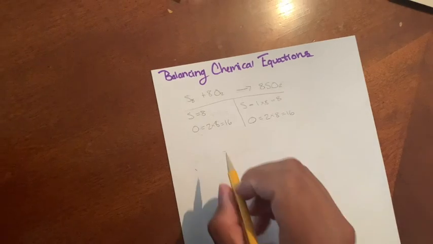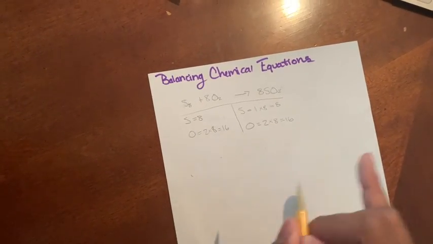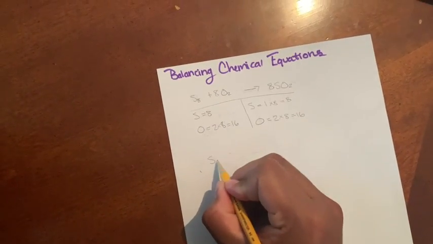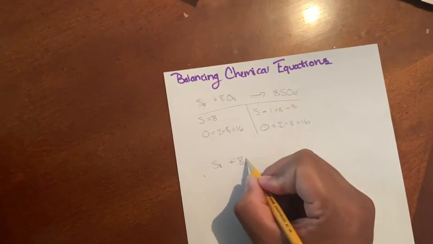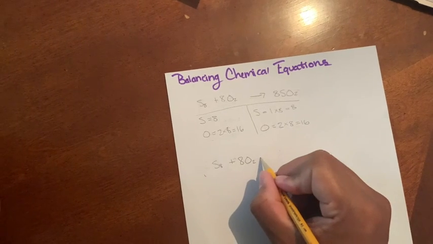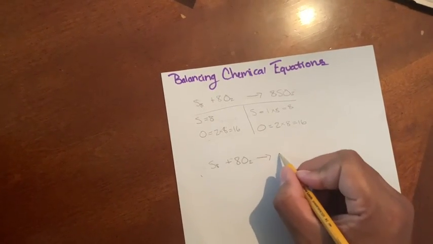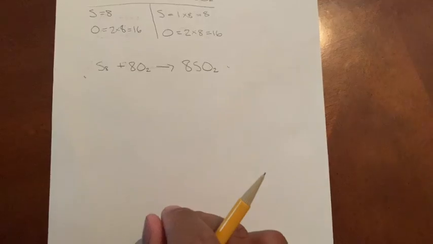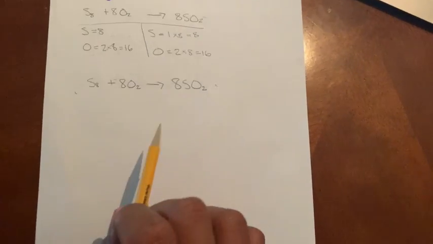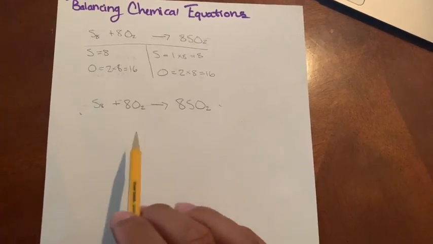And so our final balanced chemical equation would be S8 plus 8 O2 equals 8 SO2. So that would be it for that chemical equation.